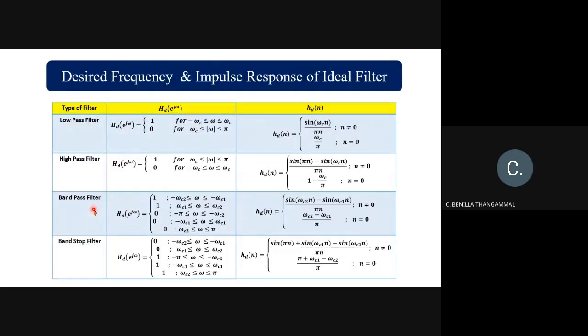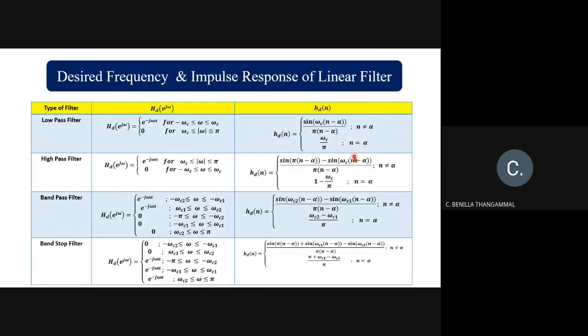So this is the table for desired frequency response and impulse response of an ideal filter. How to differentiate the ideal filter? The Hd of e power j omega value will be 1 throughout the ranges, and the desired impulse response is categorized between n not equal to 0 and n equal to 0.